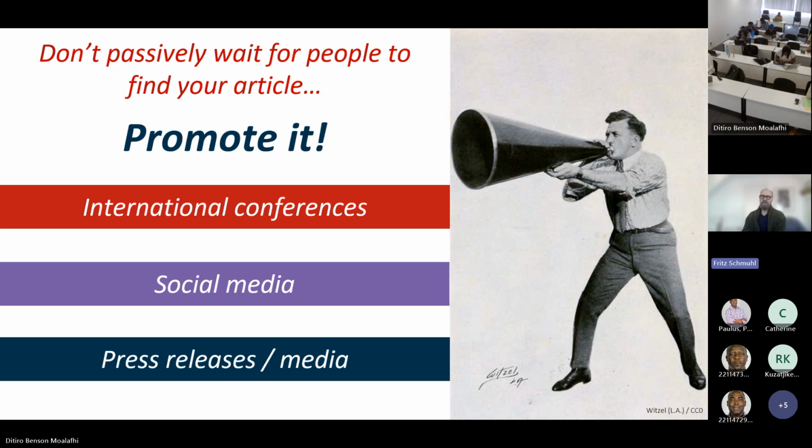All of these things can be harnessed very easily by means of social media to make people aware of the great value that you can distribute, that you can illustrate in the work that you've done.